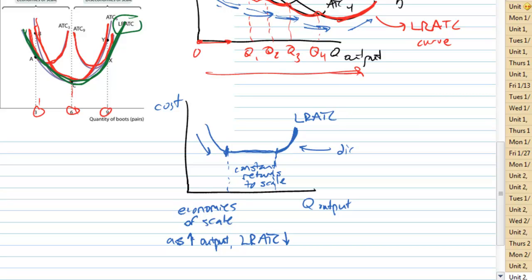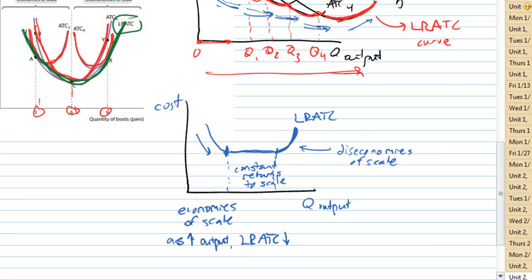So this is an example of diseconomies of scale, where you get so big that you become a little bit less efficient because you've got to coordinate such a vast empire of production. You're spread out too far, or there's just so much to deal with, or you're having a hard time managing it.